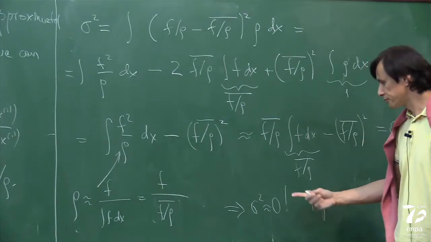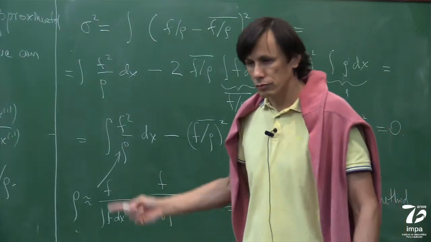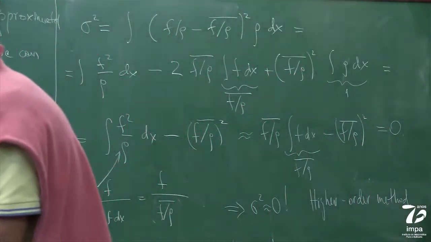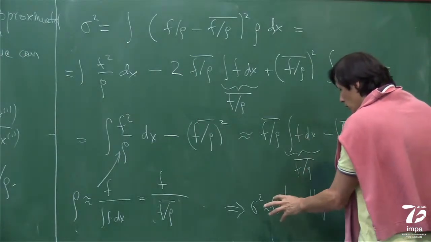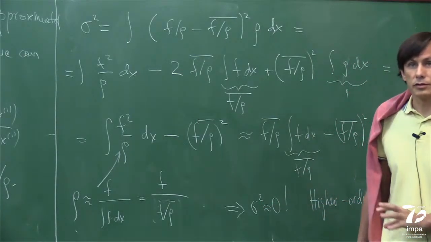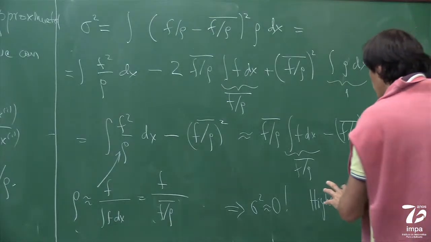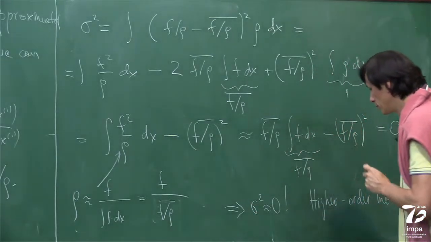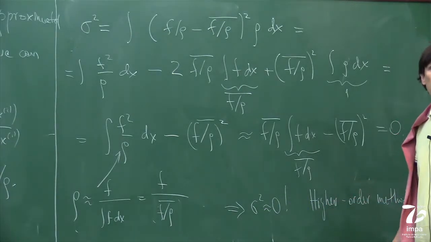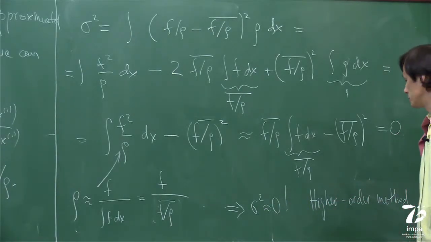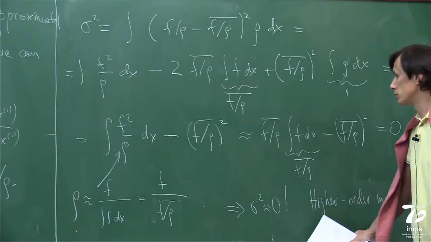So the error should actually be given by the next order approximation. The central limit theorem already is not useful here, because well, it's useful, but with much smaller variance. So it's not exactly 0.